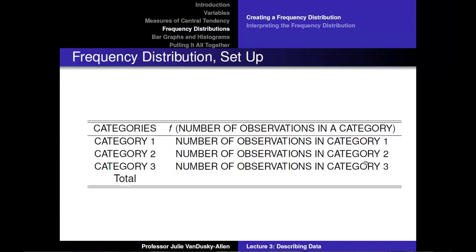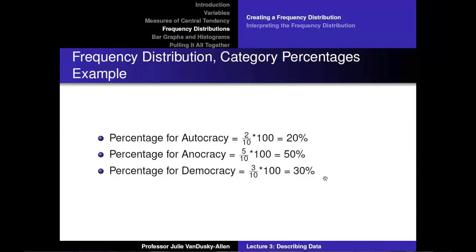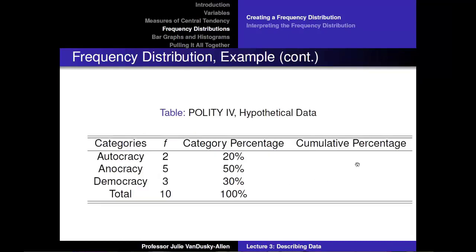And the category percentage for democracy would be 3 divided by 10 and that number times 100, or 30%. Here we add a column with the category percentage title, and then we add 20%, 50%, and 30% to the appropriate rows. All of these values should add up to 100%.